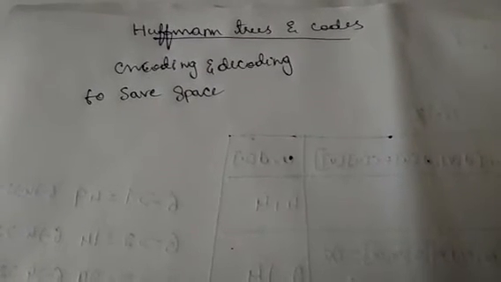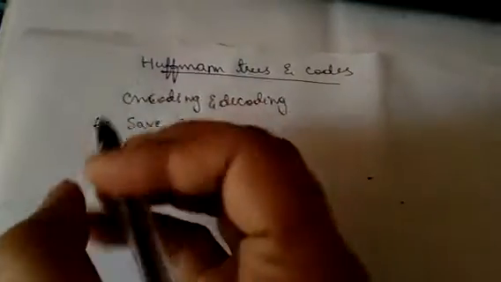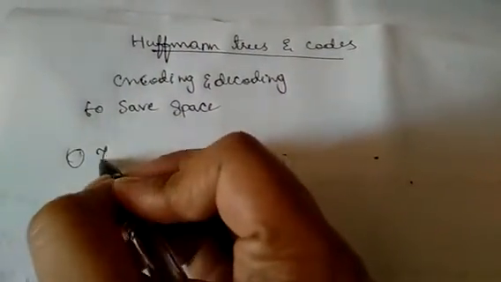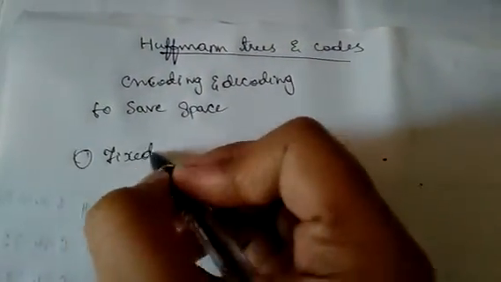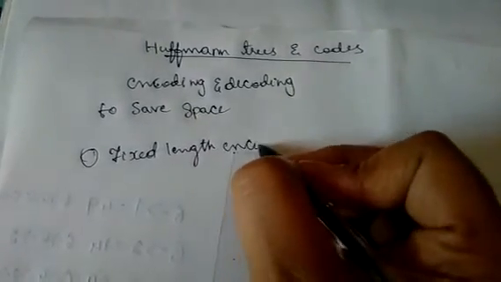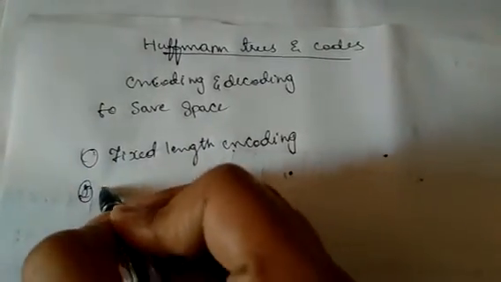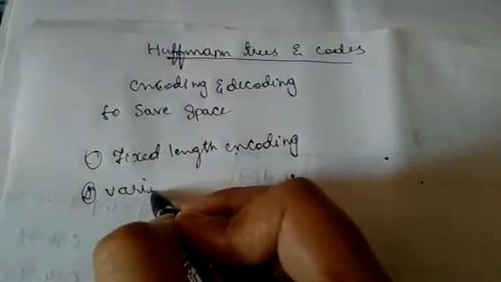Here we have two types of encoding schemes. The very first one is fixed length encoding, and the second one is variable length encoding.